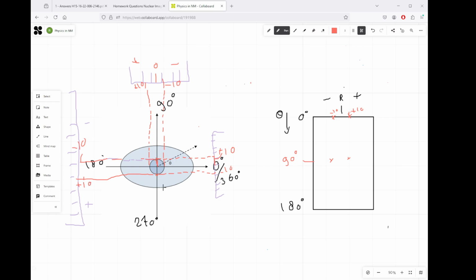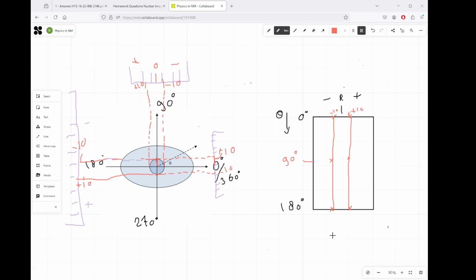Let me check this correctly. Yes, minus plus 10, minus plus 10. Yes, I did it correctly. So put it in here. And as you might have guessed, for this object there is a little straight line over here, and this is how the sinogram looks for a spherical object centered around the origin.